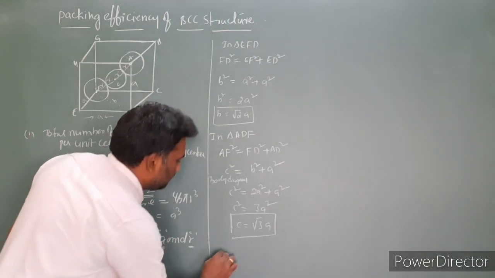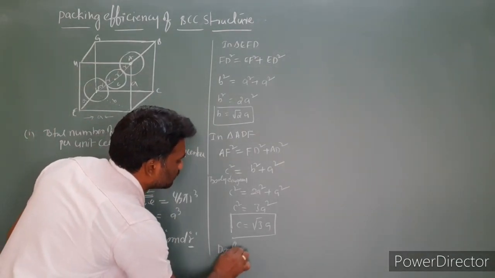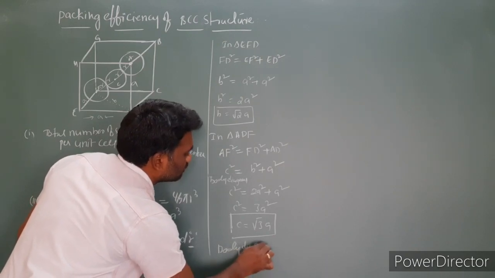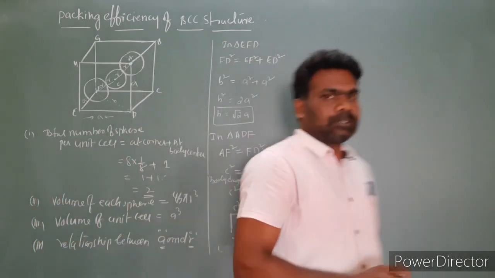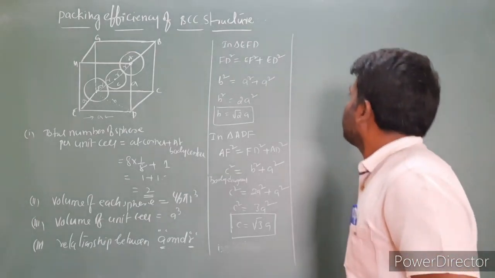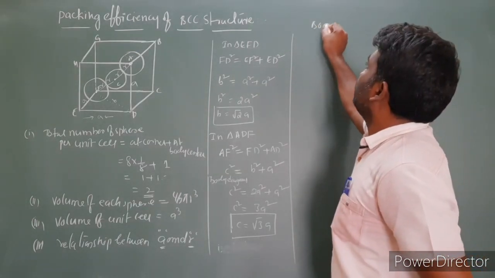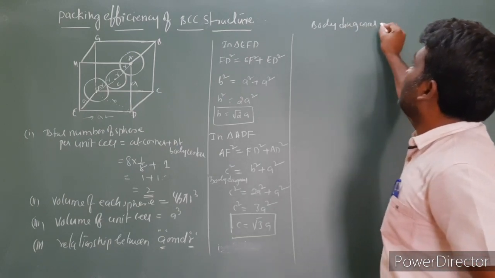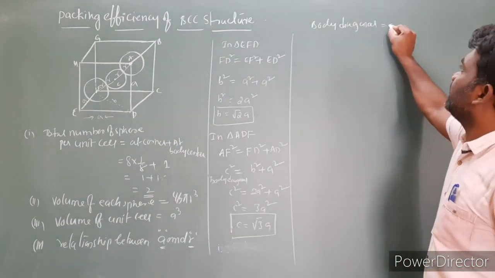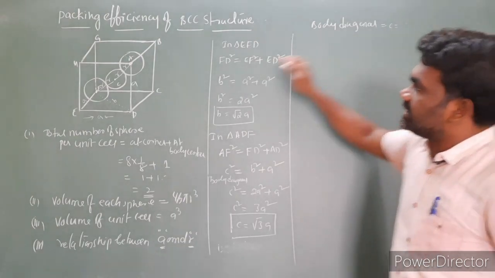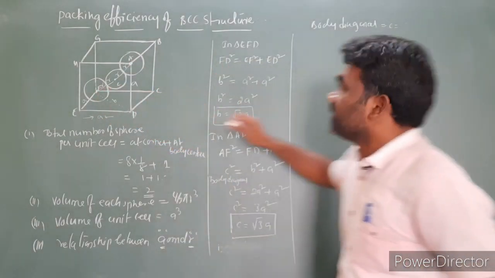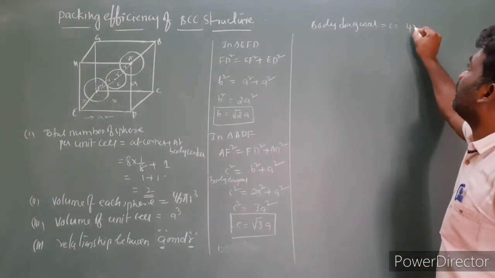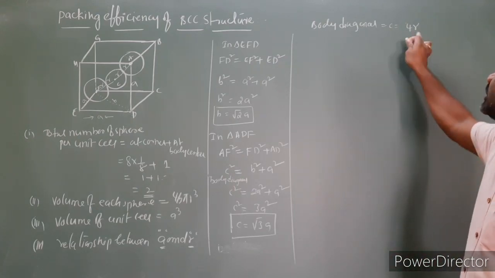So the body diagonal is equal to C, which is AF, that is 4R.